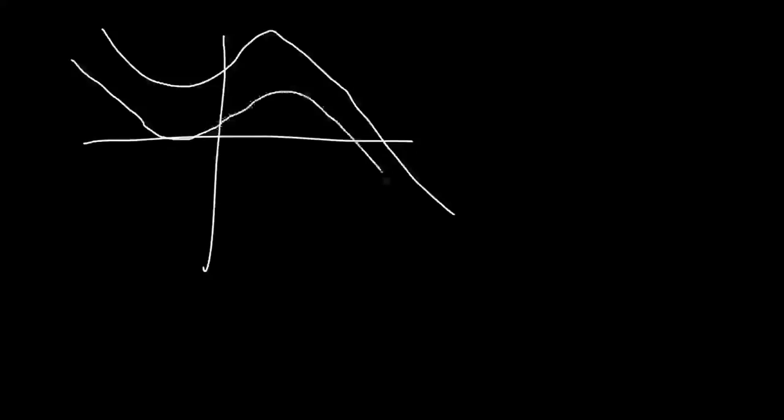They've got a couple of these cubic graphs. Okay, I'm a terrible artist. So the idea is that this is the same graph, just shifted up and down by 1 point.